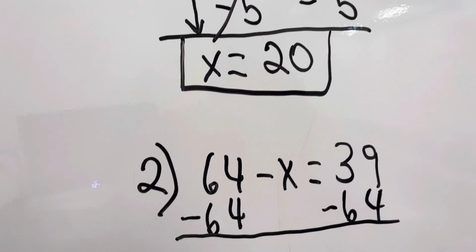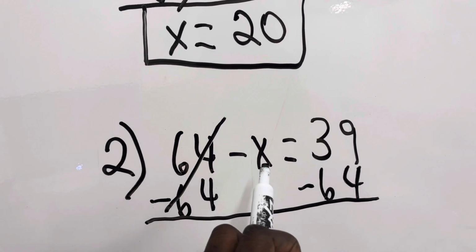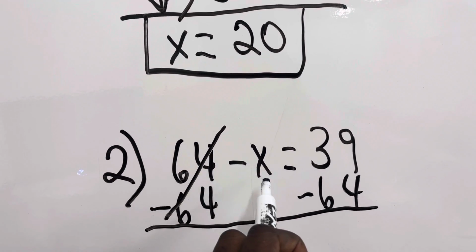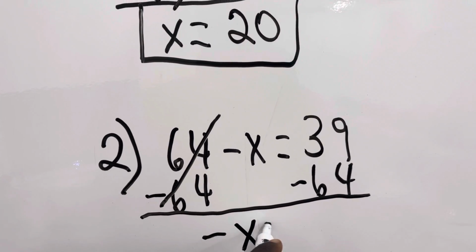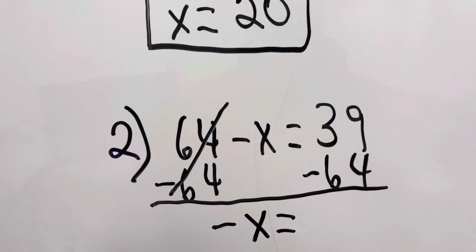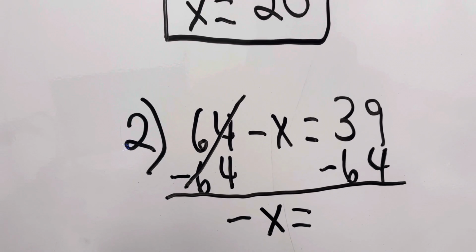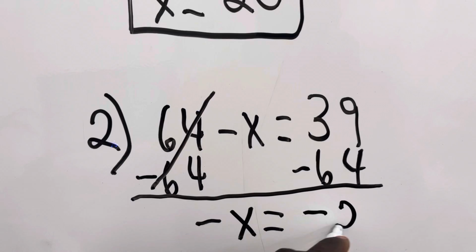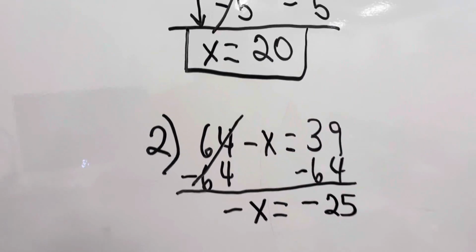So when we do that, 64 cancels out, and we bring down not x, there's a minus x. So we have to bring that down to have negative x. And now we subtract 39 minus 64, and that is negative 25. Which by now you guys should know why it's negative 25.